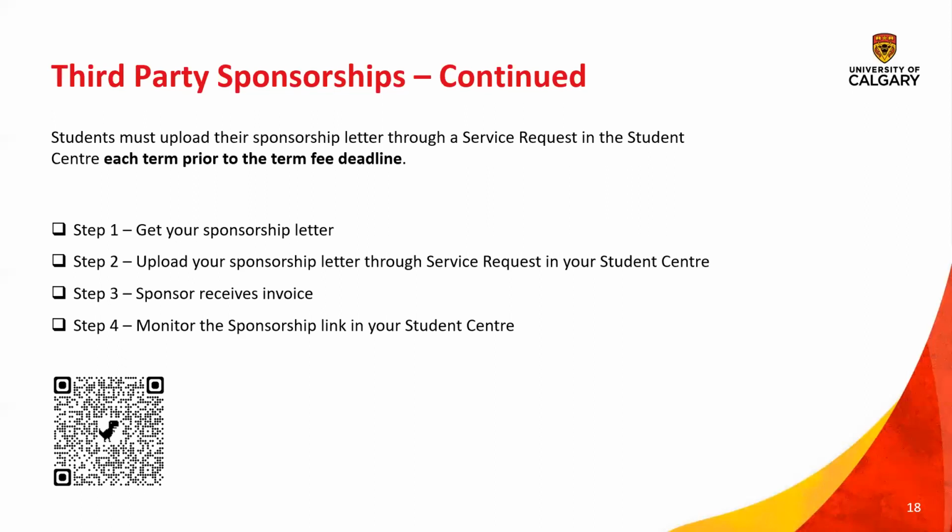So if you submit the sponsorship documents to us, we'll get things processed. And then after the term fee deadline, we'll put a placeholder payment on the account. And then your fees are, by that point, the responsibility of the sponsor to pay.